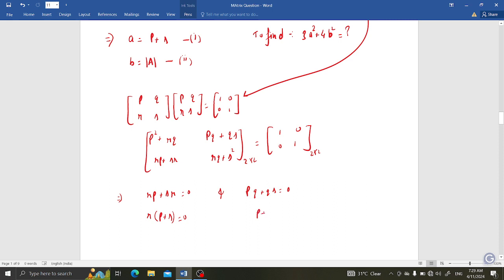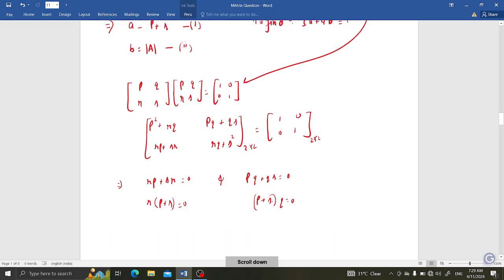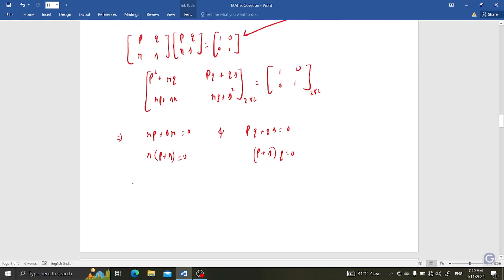From here also, P plus S, Q is outside. The product of two numbers is 0, so either one of them has to be 0, but R will not be 0 because it is given. So P plus S has to be 0.